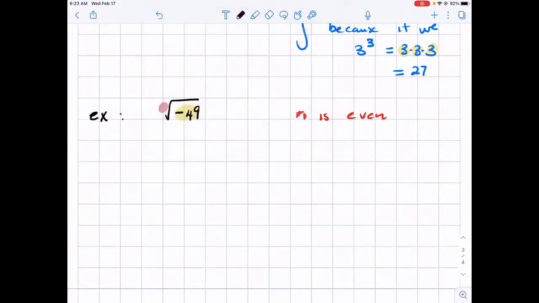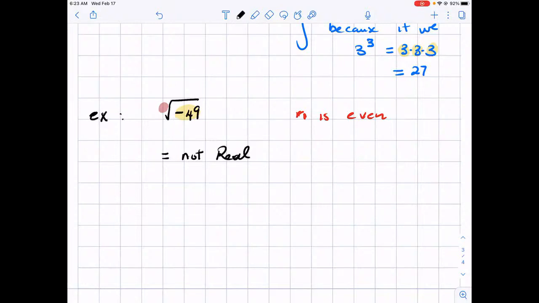The square root of a negative number is an imaginary number, or not possible, or we say this is not real.